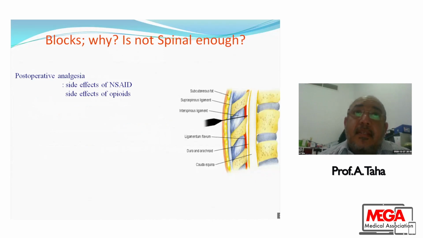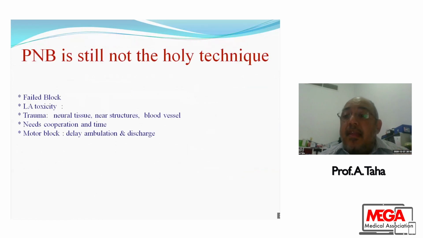As you know, diabetic patients have impaired kidney function, and diabetes usually results in the end in nephrotic syndrome. So non-steroidals should be used very cautiously in diabetic patients. To minimize the use of non-steroidals and opioids, nerve block can play a very good role. However, that does not mean that nerve block is a holy technique with no disadvantages.